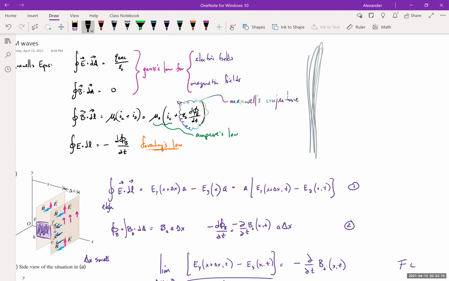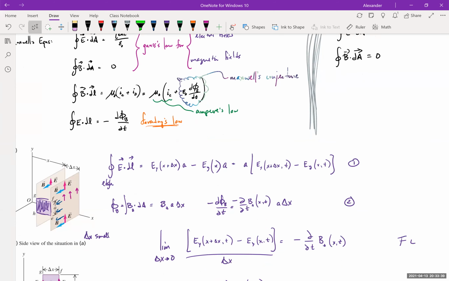Really in the absence of charges, because current is just moving charge. So we still have Gauss's law. But now, if there's no Q, the answer is 0. Still 0 for magnetic fields, nothing there.